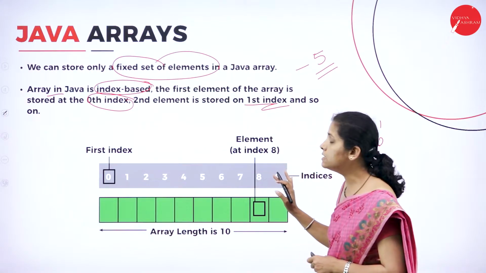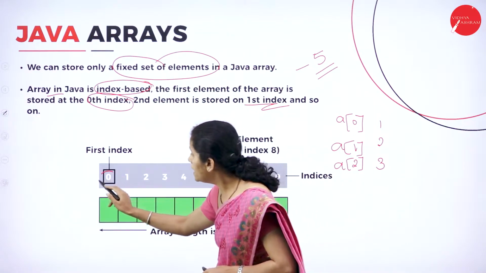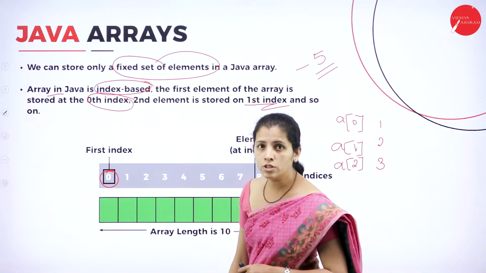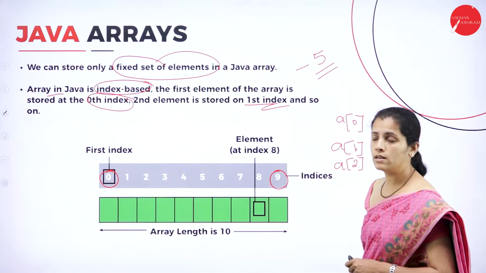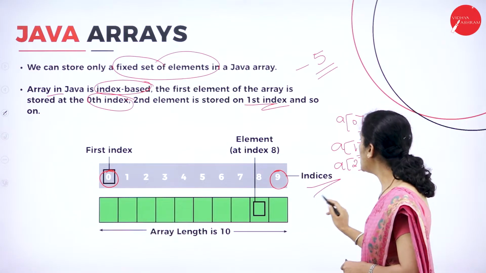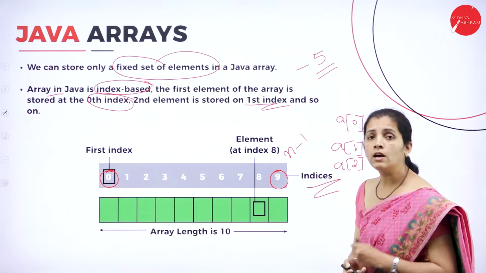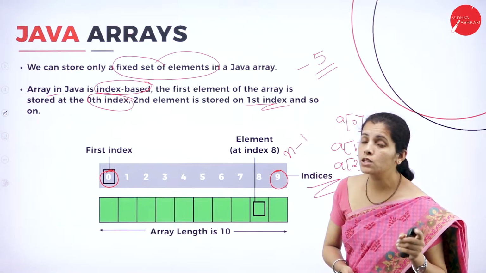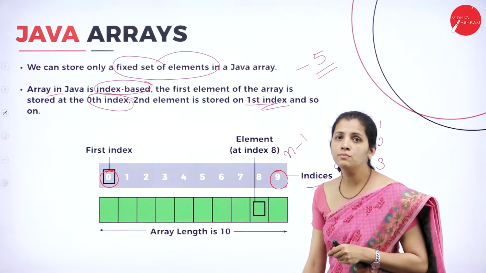And if I consider this diagram, see here, my array index always starts from 0 and goes up to n minus 1. So my first index is 0 and my last index is always n minus 1. Now tell me why it is n minus 1 instead of n? Because my array index starts from 0.